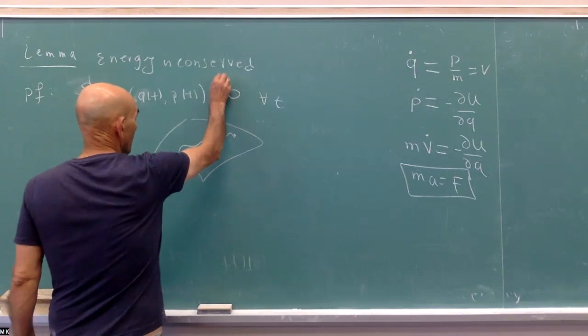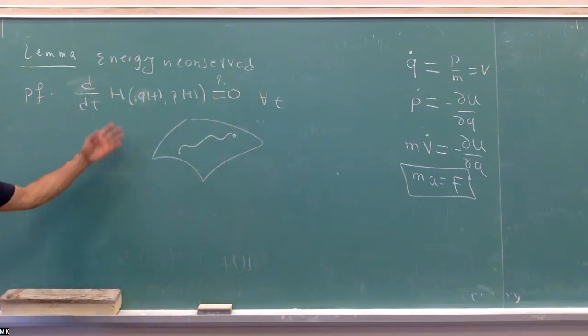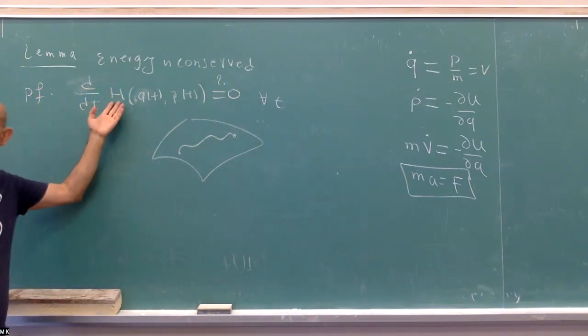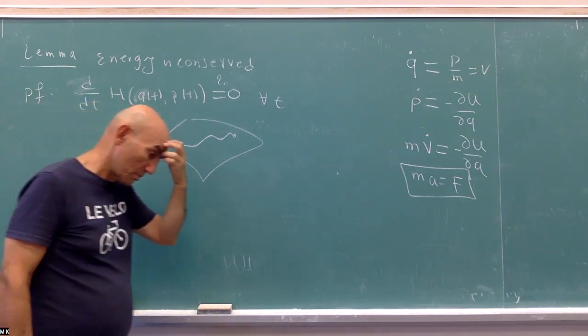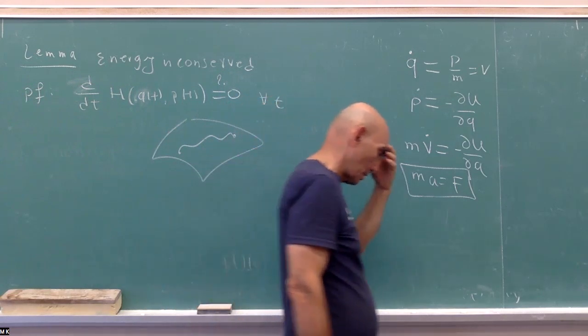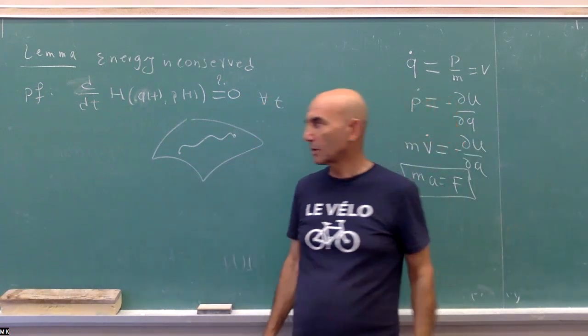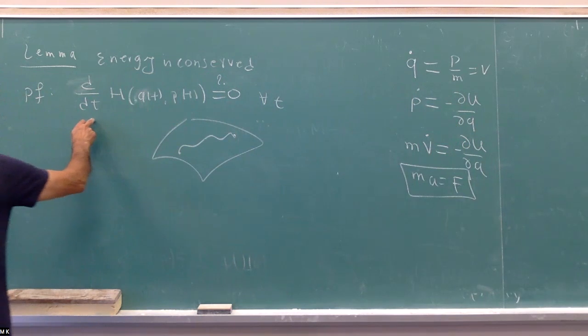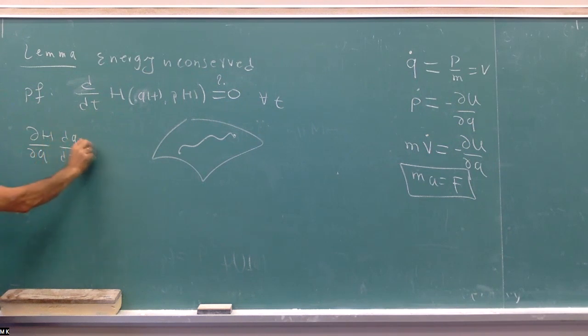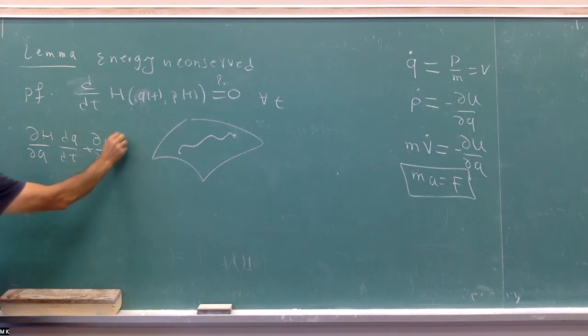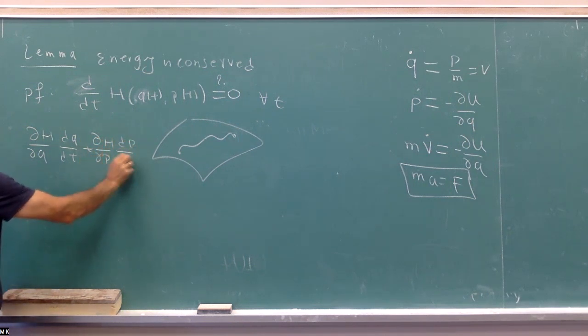So this is the question, right? We have to prove this. Okay. The proof is very simple because we can just write dH/dQ times dQ/dt plus dH/dP times dP/dt.